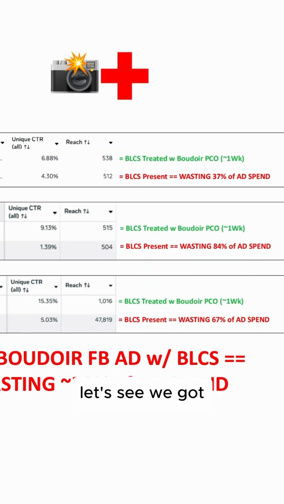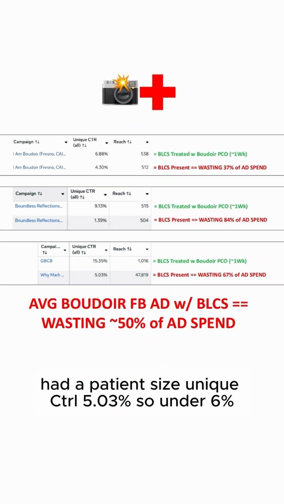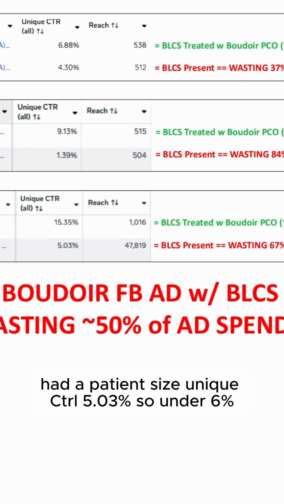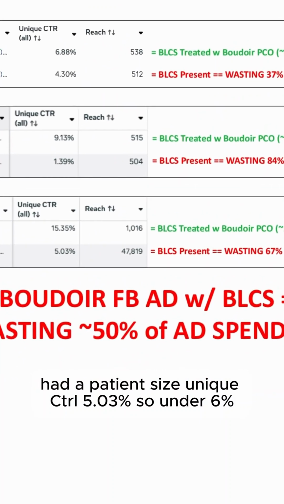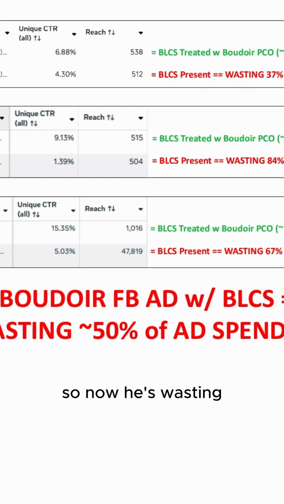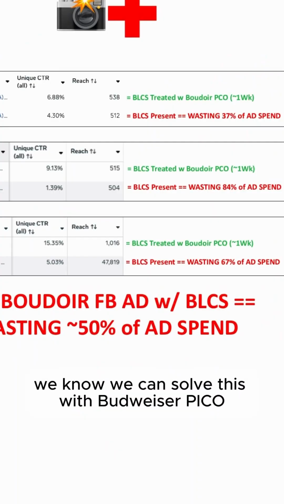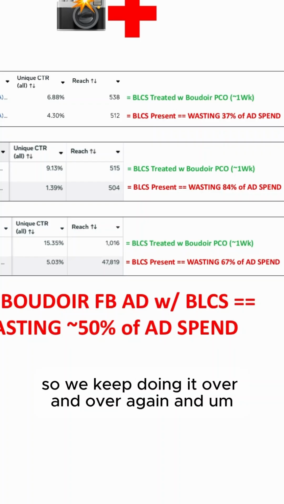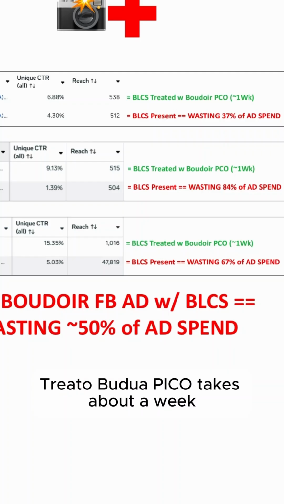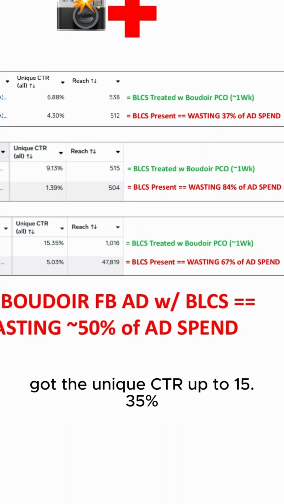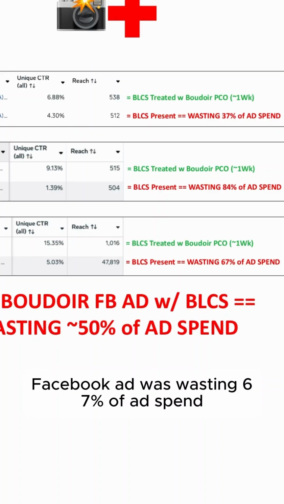Finally, we had a patient with a unique CTR all of 5.03%. So under 6%, we know that BLCS is present. We know we can solve this with Boudoir Pico. So we keep doing it over and over again. Treated with Boudoir Pico, takes about a week, got the unique CTR up to 15.35%. So we found out his original Boudoir Facebook ad was wasting 67% of ad spend.